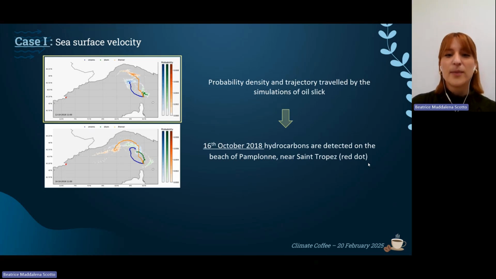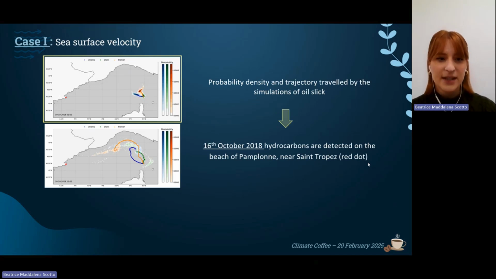And moreover, from reports on this case, we had news that on the 16th October 2018, hydrocarbons were detected on the beach of Pampelonne near Saint-Tropez. And this is the specific time frame of our simulation, the 16th October. You can see the point of impact, which is highlighted by the red dot.